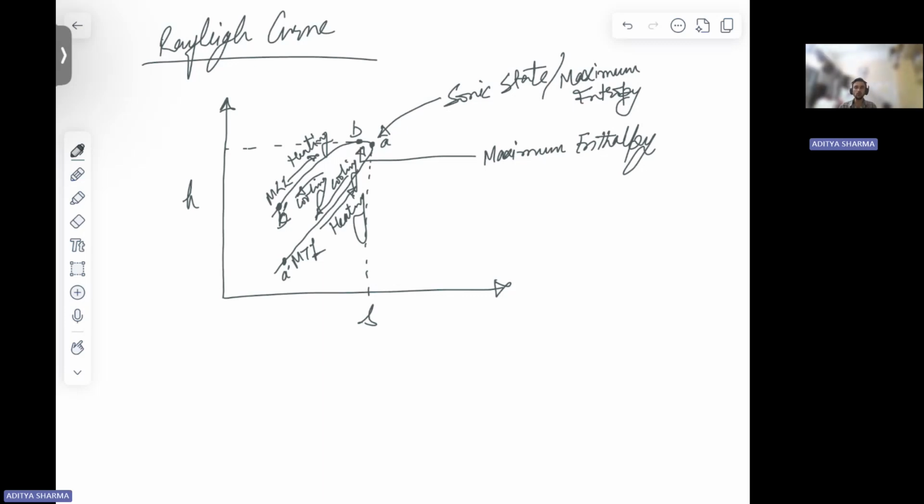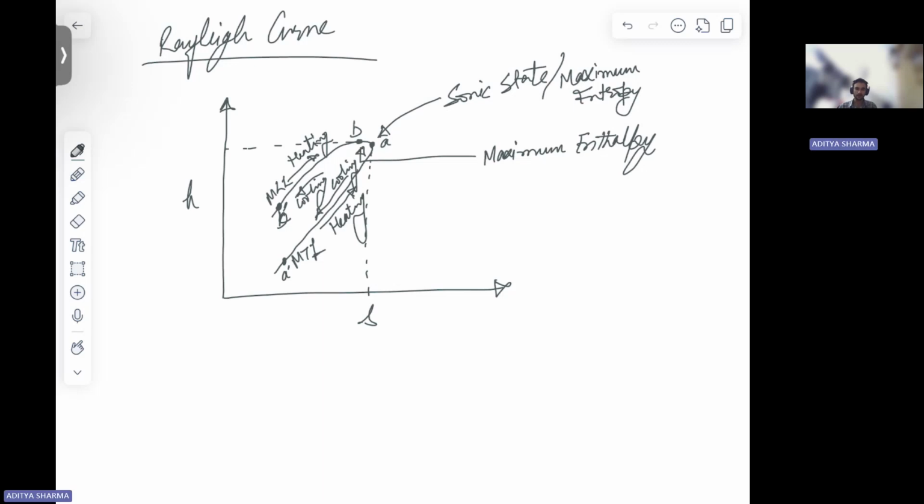Now, regarding cooling or heat rejection, what are the effects? If you see the subsonic curve, with heat addition it was moving towards A from B dash. Now if you reject heat from the flow, it will move in the opposite direction.